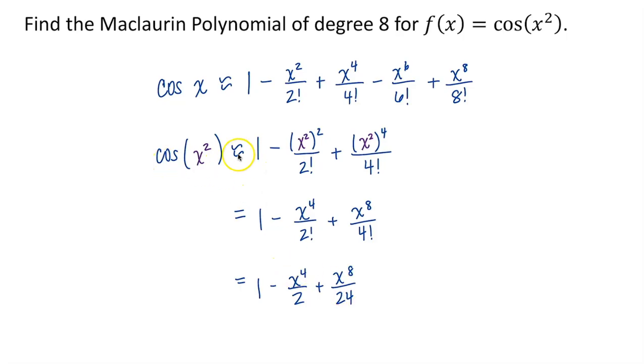So it is an approximation. A Taylor polynomial or Maclaurin polynomial is an approximation, and we were told to stop at a degree 8. Now here, I do want you to notice I did use an equal sign. So cosine x squared is approximately this function, but this line is equal to the previous line, and this line is equal to the previous line. But overall, this answer is approximately cosine of x squared.